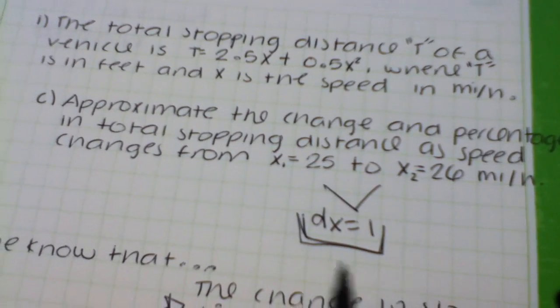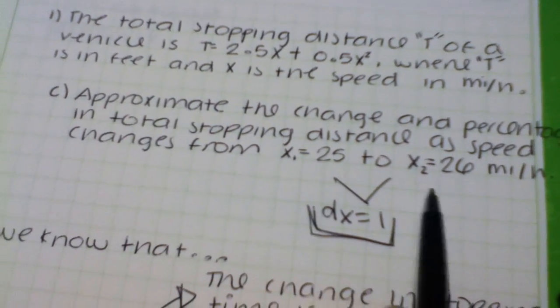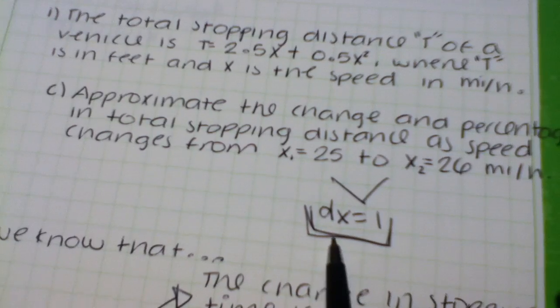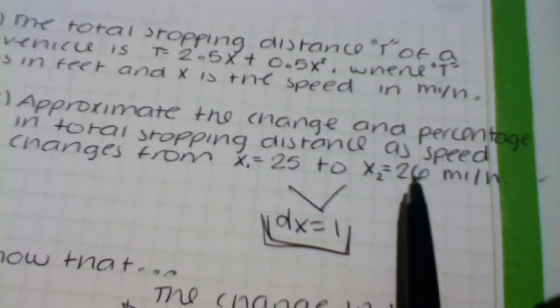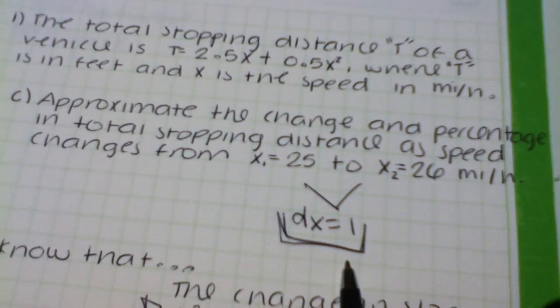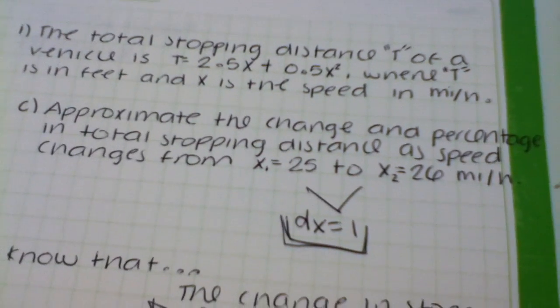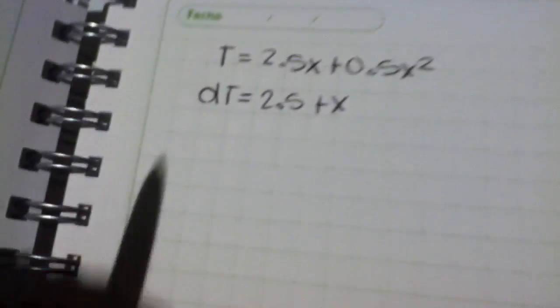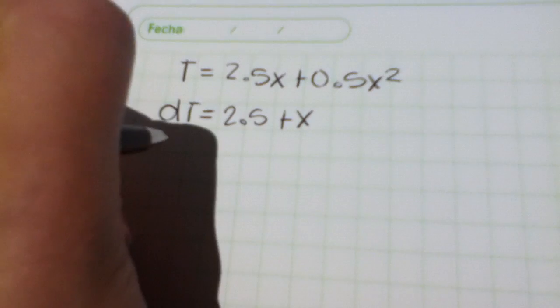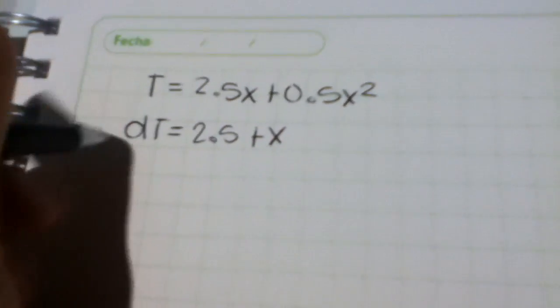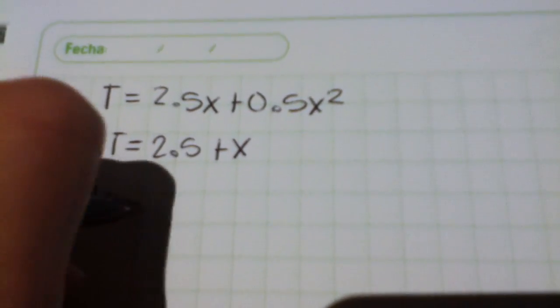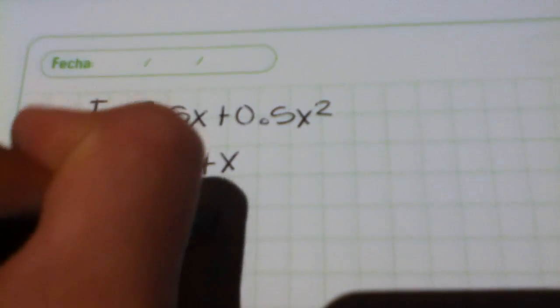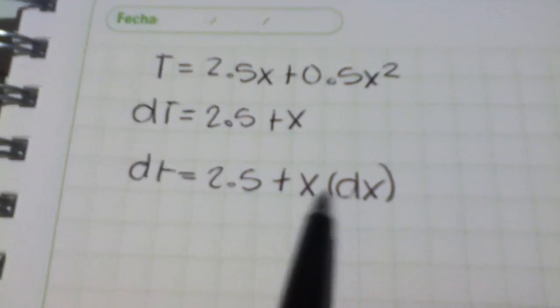And the dx, which means the change in the x's, the change in speed, equals 1, because 26 minus 25 equals 1. So now we're going to put dt equals 2.5, no change for the 2.5 because there's no x, times dx, plus x times dx.